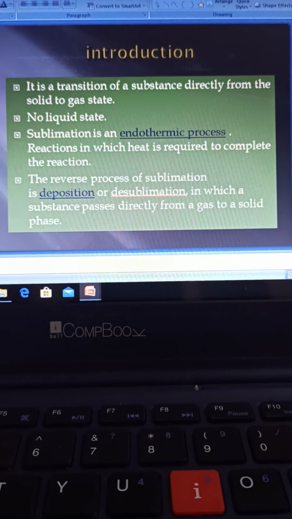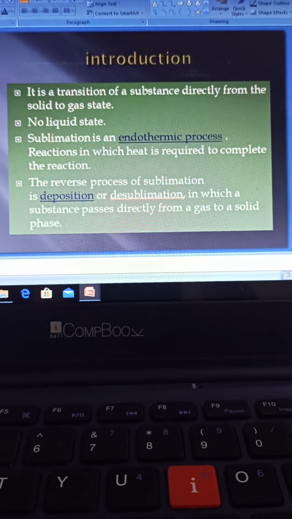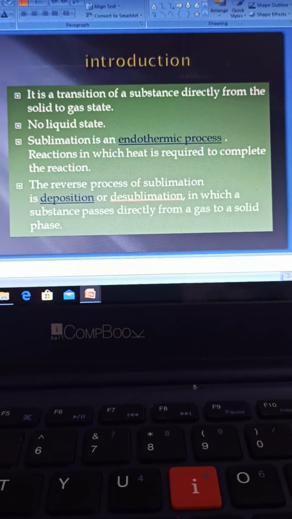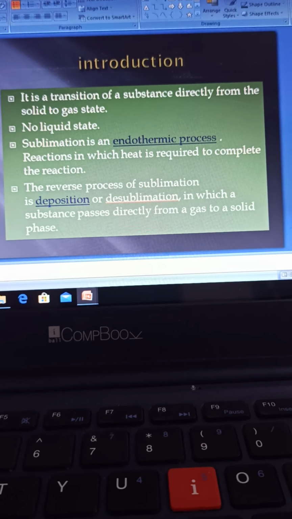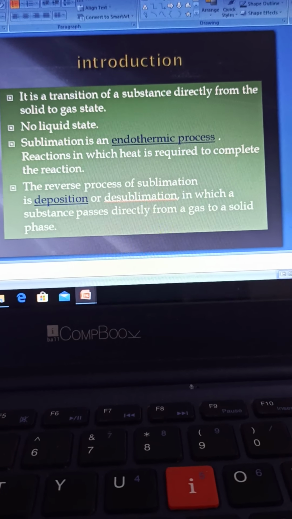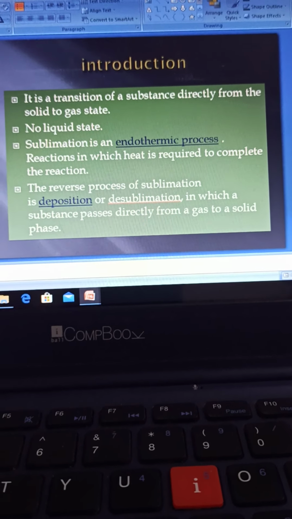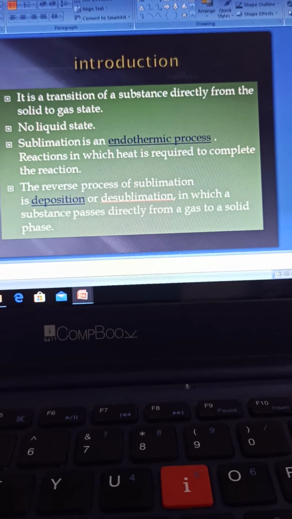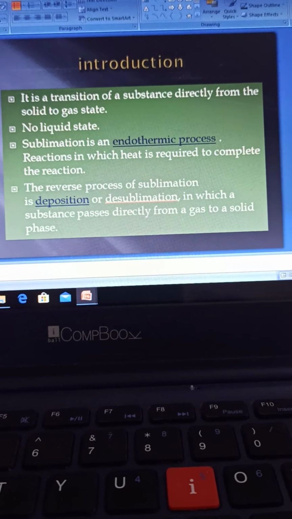So whenever in any chemical reaction energy is added to complete the whole reaction, that type of reaction is known as endothermic. Whereas exothermic means that on the completion of the chemical reaction, heat is liberated. So here sublimation is an endothermic process.